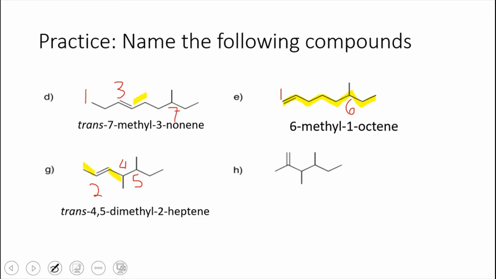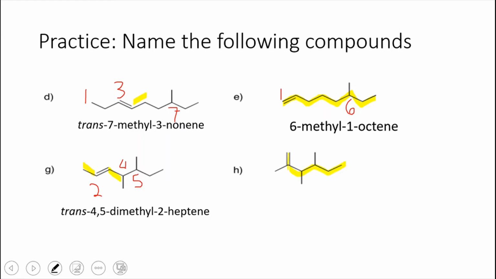Let's look at compound H here. Once more, start out by establishing what is the longest continuous chain, but don't forget, it has to include the double bond. So we're actually going to be starting up here. 1, 2, 3, 4, 5, 6.